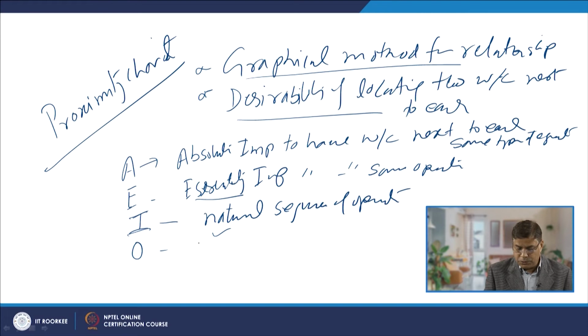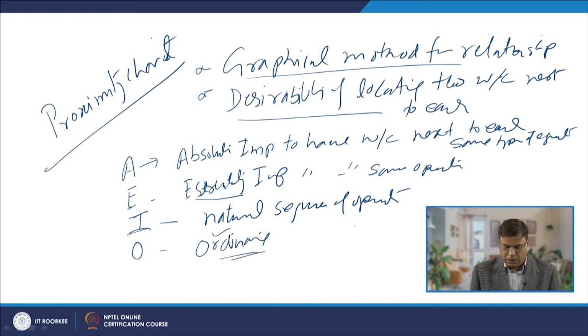O is used when putting the two facilities together is of ordinary importance. So, it is good if the two are brought close to each other, otherwise it is not that important. If they are not kept together, then also it is fine.